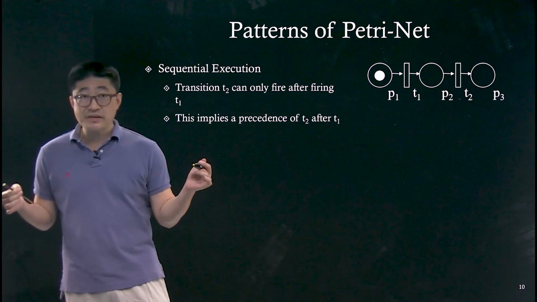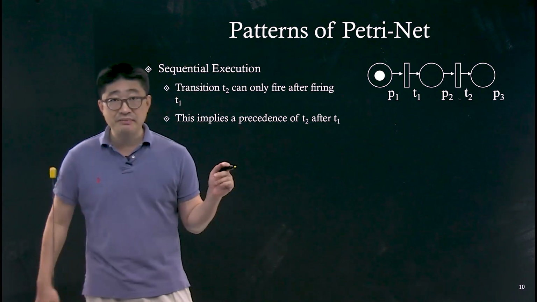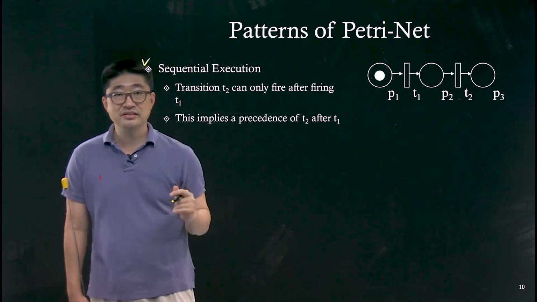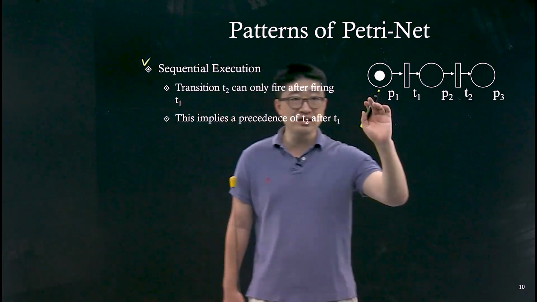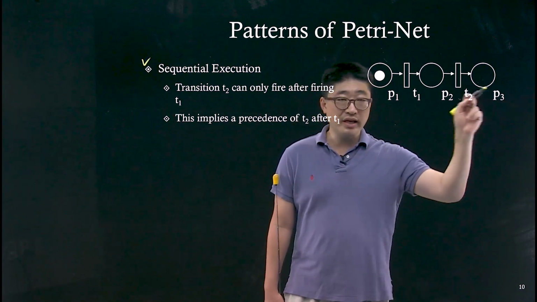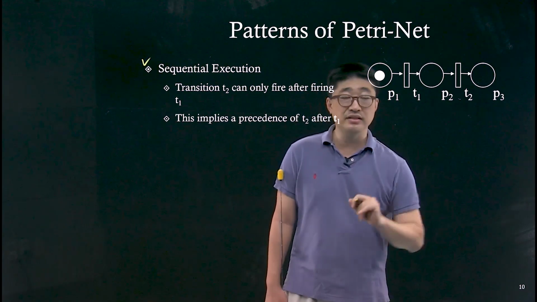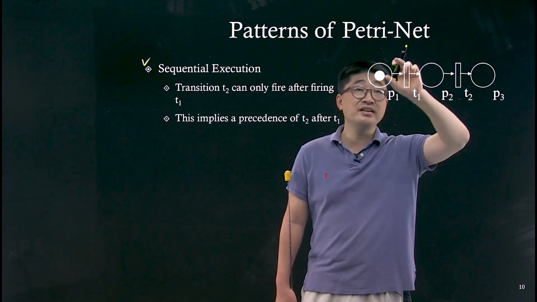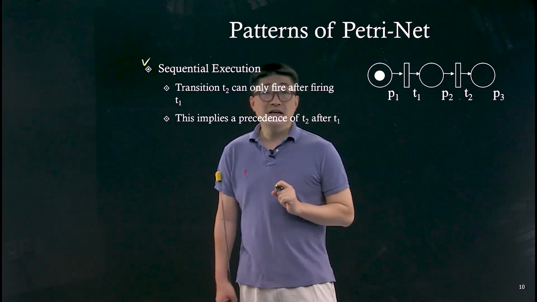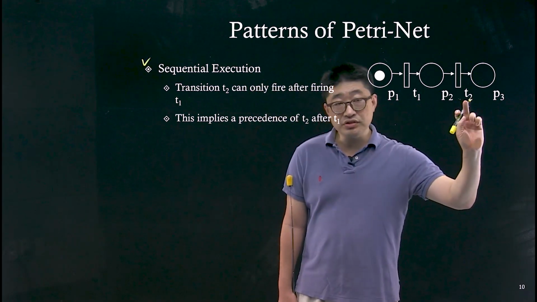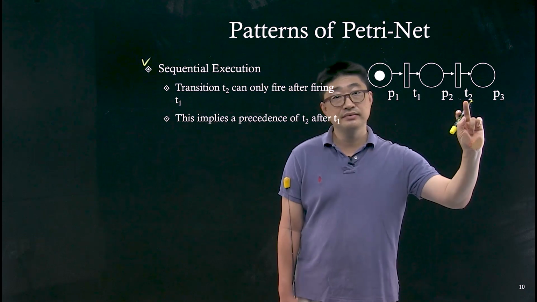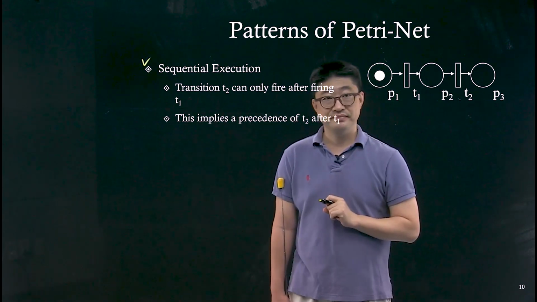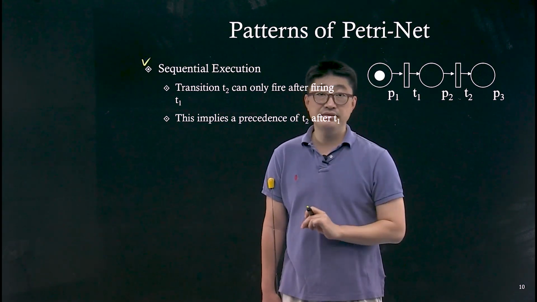There are some design patterns of the Petri net, and one very natural one is sequential execution. Here we have places 1, 2, 3 and transitions 1, 2, linked in tandem, meaning in sequence, lined up. T2 can only be fired after firing T1, because it doesn't have a token. The token is placed here.